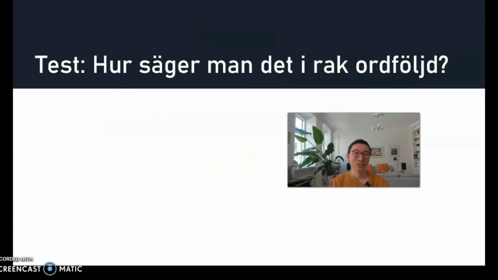Now, let's do a test. Hur säger man det i rak ordföljd? How to translate these into Swedish in straight word order. Första frågan, the first question. I don't understand it. På svenska, jag förstår inte det.